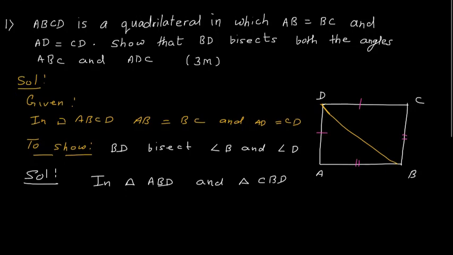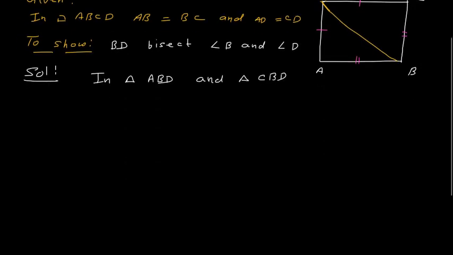Now, in these two triangles, easily you can work out that AB is equals to BC. So this part AB is equals to BC, or better write CB as per the correspondence. So I will say that this is equals to CB, and AD is equals to CD. This is given.